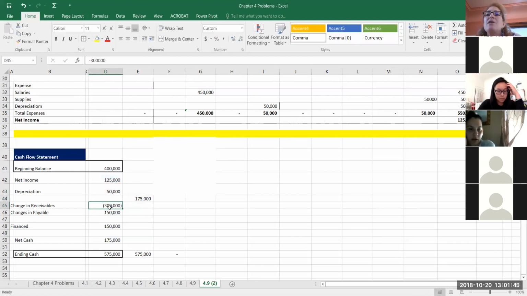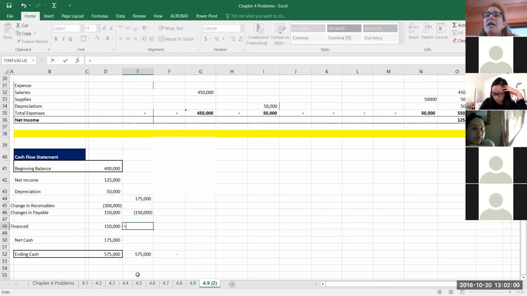You've got your balance sheet changes, which are all those things we just went through. And sometimes people just add up all the changes in their balance sheet. And then you've got your financing, any debt or anything like that. Those are your three areas of your cash flow.